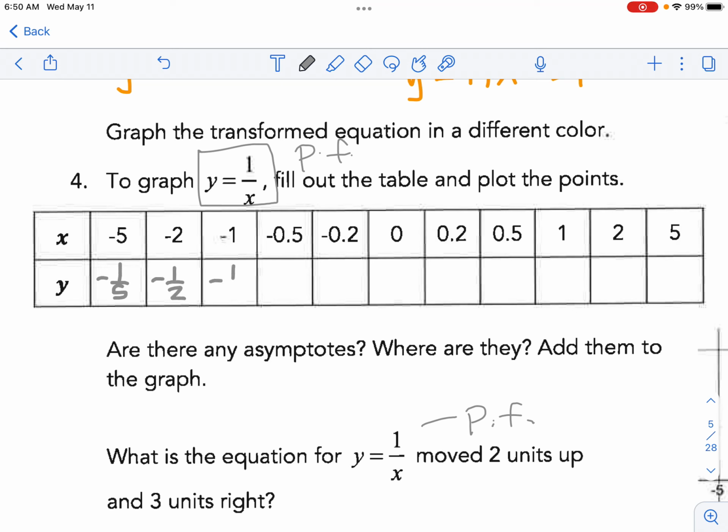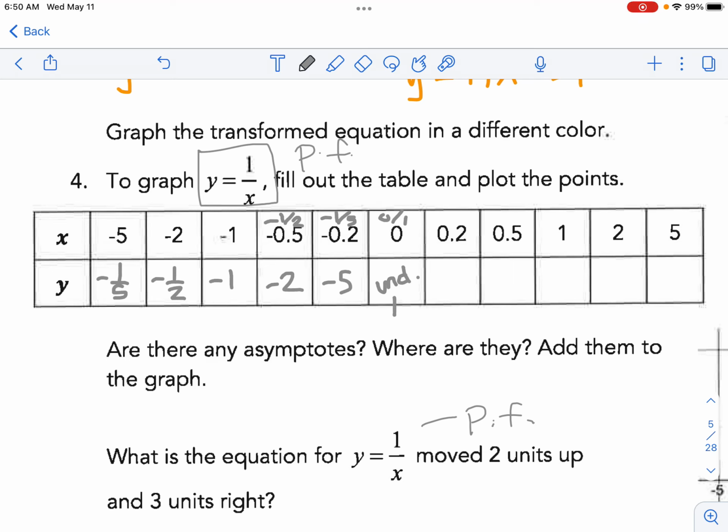Negative 1 is negative 1 over 1, or just negative 1. Negative 0.5, that's negative 1/2, and the reciprocal is negative 2. Negative 0.2 as a fraction is negative 1/5, so its reciprocal is negative 5. The reciprocal of 0 is undefined, because 0 is 0 over 1, and 1 over 0 is undefined because you can't divide by 0.